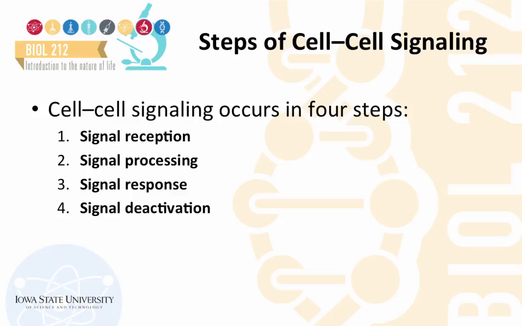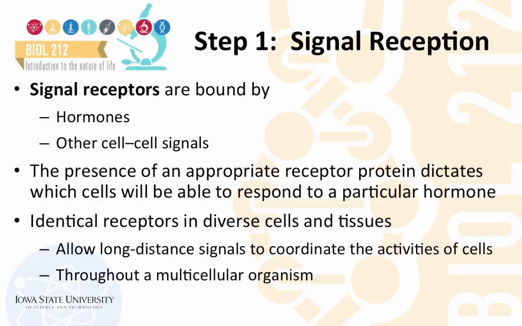Let's look more closely at the steps that are involved in cell-to-cell signaling. This process occurs in 4 steps: signal reception, signal processing, signal response, and signal deactivation. During signal reception, molecules called receptors that are present on the plasma membrane of the receiving cell or the target cell are bound by hormones or other cell-to-cell signals.